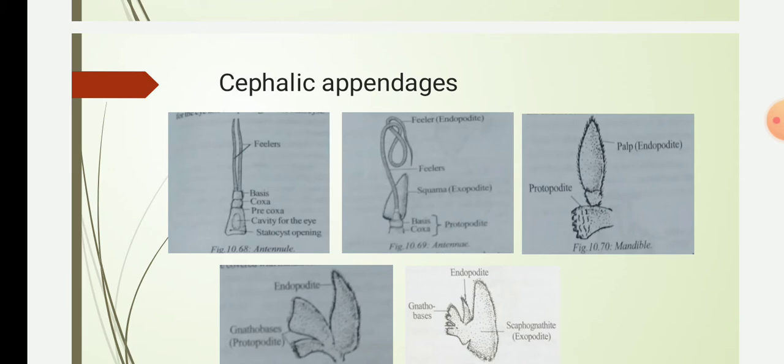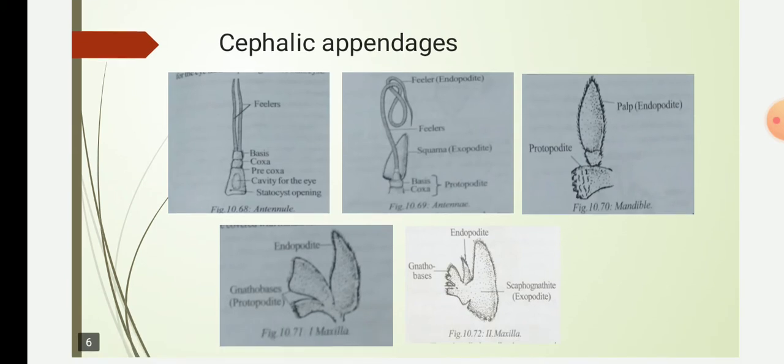So we will start from the cephalic appendages. Cephalic appendages consist of 5 pairs, namely antennules, antennae, mandibles, maxillae 1 and maxillae 2.